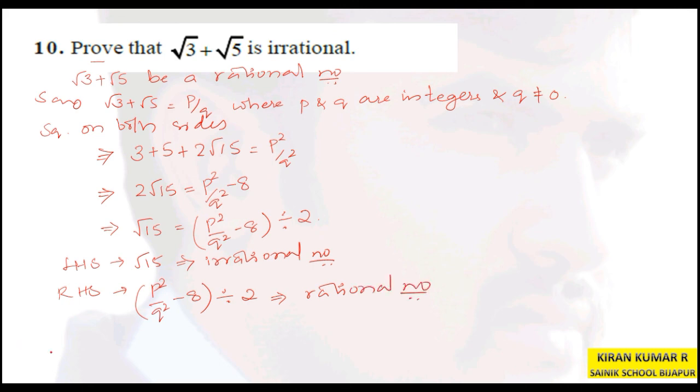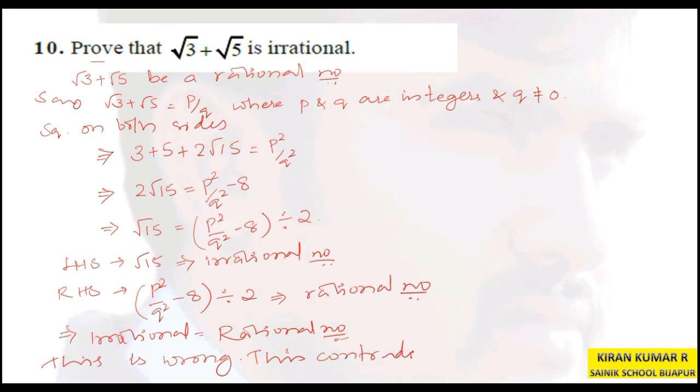At this step, we have an irrational number, which is left hand side, equal to a rational number, which is right hand side. This is wrong. This contradicts our assumption. Therefore, it cannot be a rational number, which means root 3 plus root 5 is irrational.